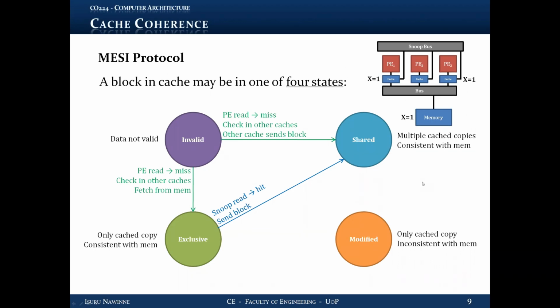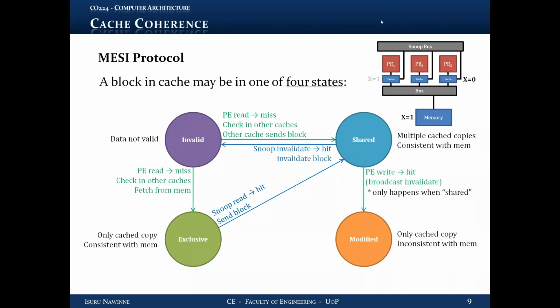Now we are going to need a write access. PE1, note what happened here. PE1 caches x equals 1. It's going to write x equals 0, right? That was our example. Same address, new value.